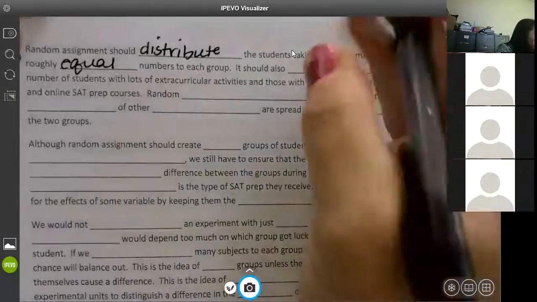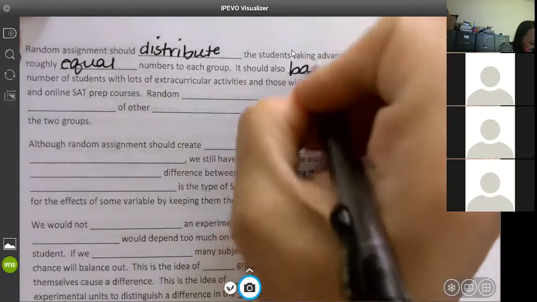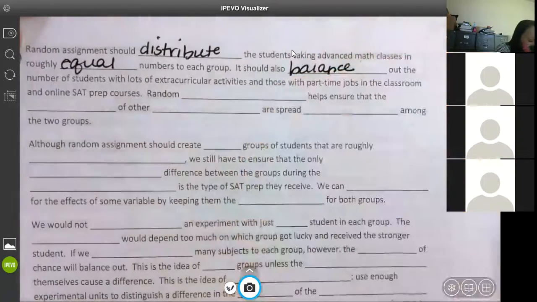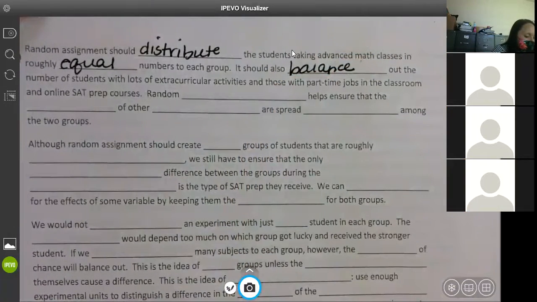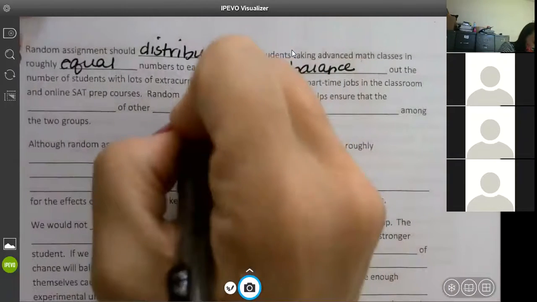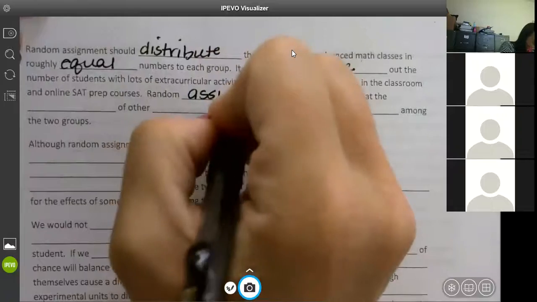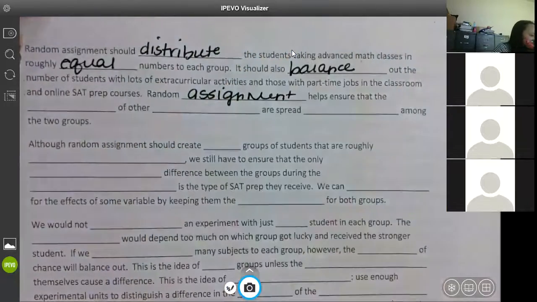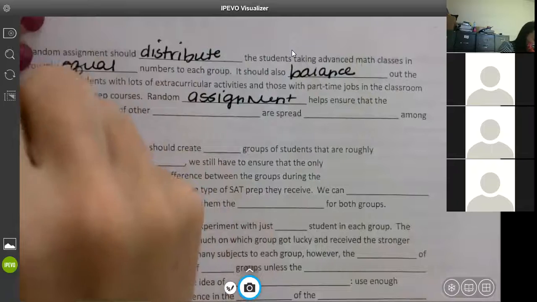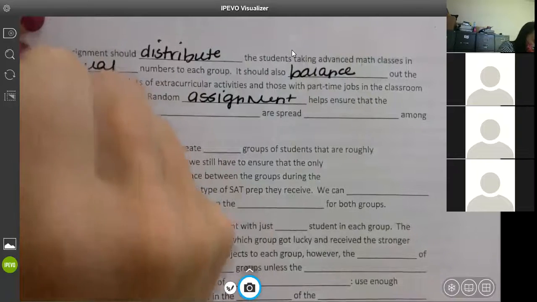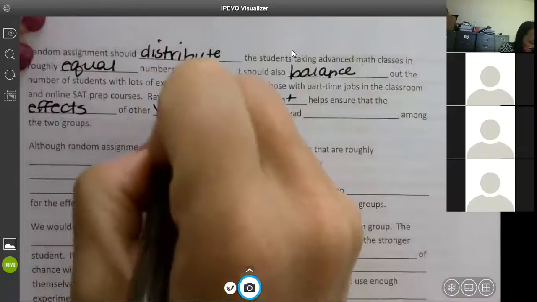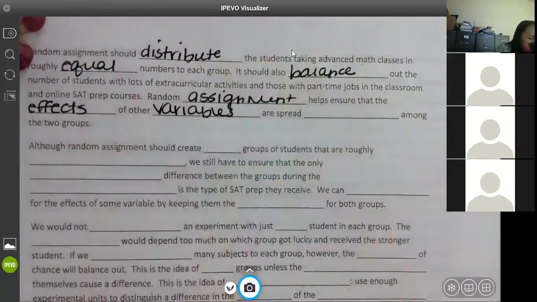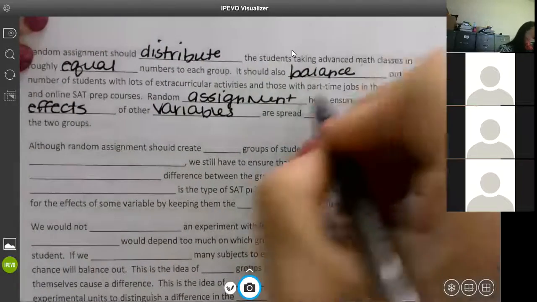It should also balance out the number of students with lots of extracurricular activities and those with part-time jobs in the classroom and online SAT prep courses. Random assignment helps ensure that the effects of other variables are spread evenly among the two groups.